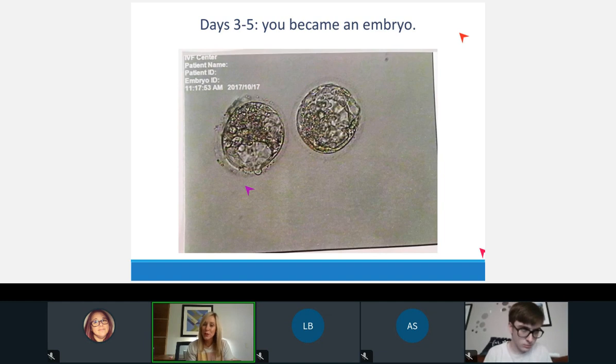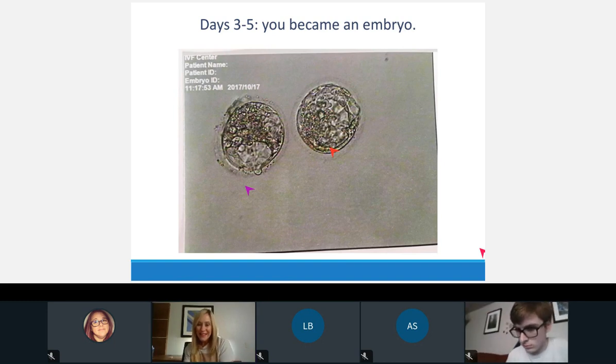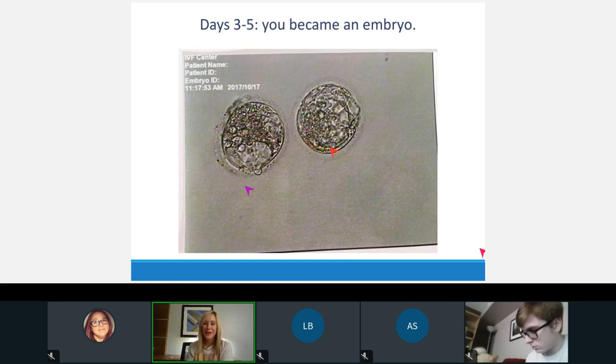It's a super cool process of taking your two haploid cells and putting them together. And as these embryos grow and divide, all of these little cells that you see get a job.